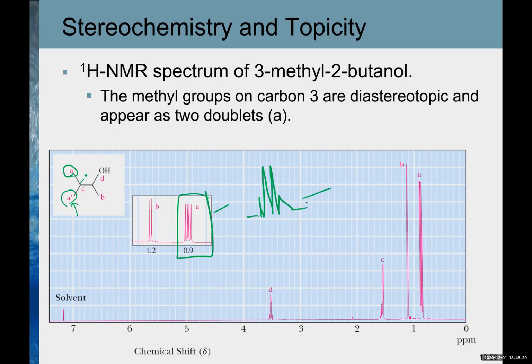In a quartet, all four signals are not the same intensity. But in this case, signal A is four equivalent lines. So it's two different doublets close together, because of the diastereotopicity of protons at the A position.